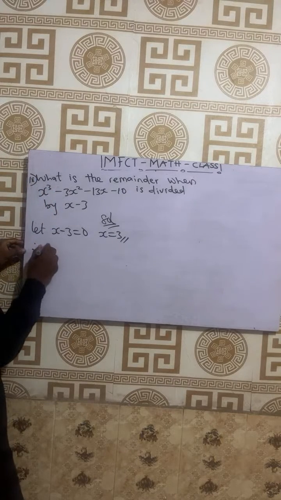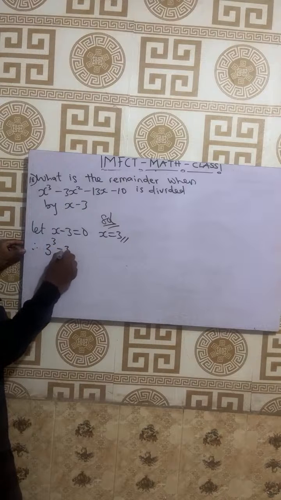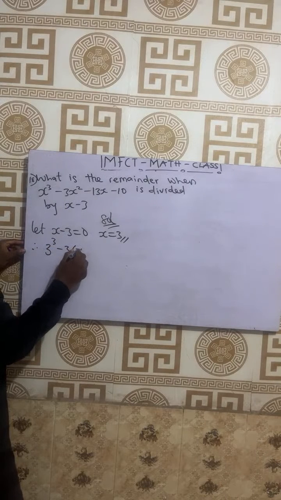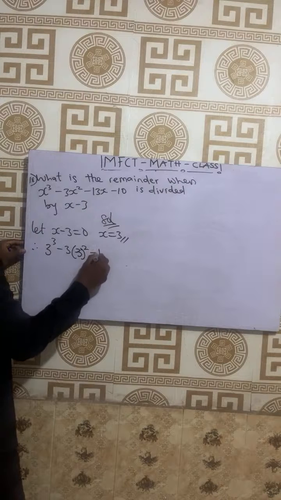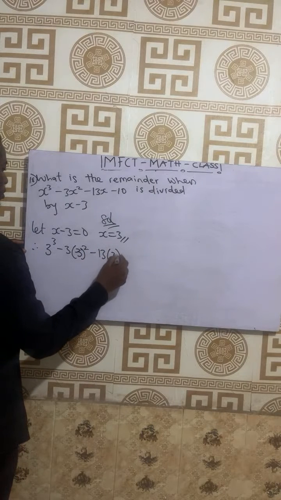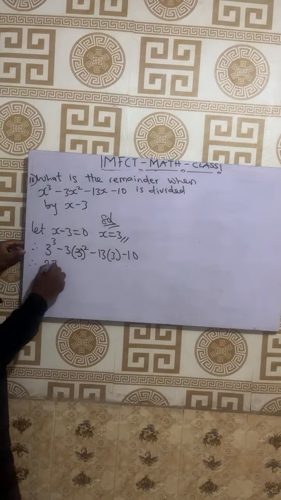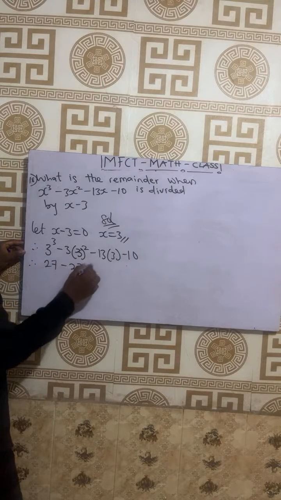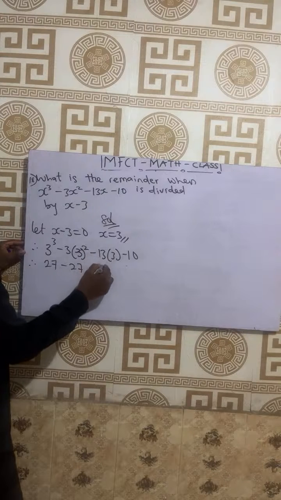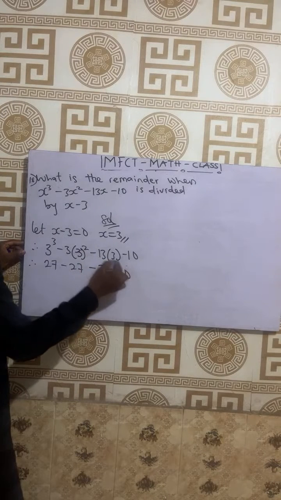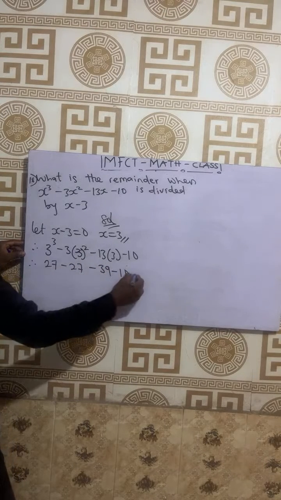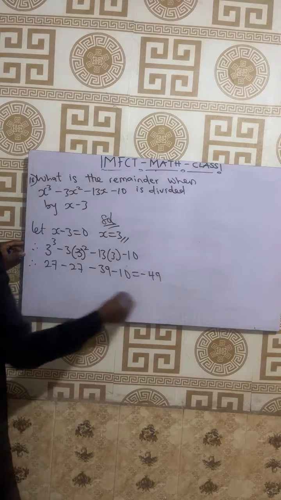So therefore, that will be 3 raised to power 3 minus 3 square minus 13 times 3 minus 10. 3 raised to the power 3, that is 27. Minus 27 minus 39 minus 10. So there, this is equals to minus 49.